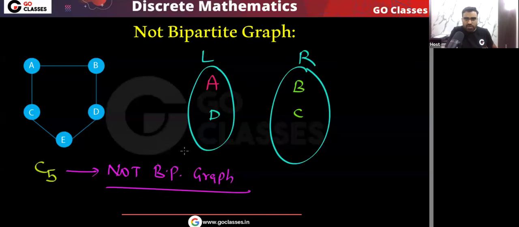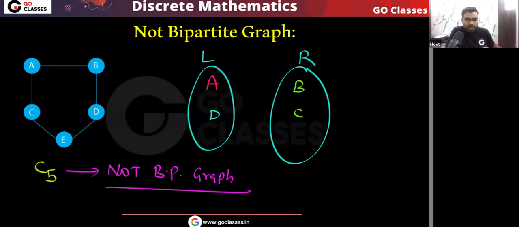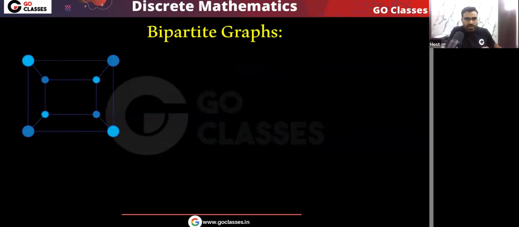Very simple. So easily you can prove that this graph is not bipartite graph with this logic, because where you will put E, that is the question. Where this E will go. You cannot put E here. I cannot put E here, and of course I cannot put this E here. So that is the reason I can say that this graph is not bipartite.